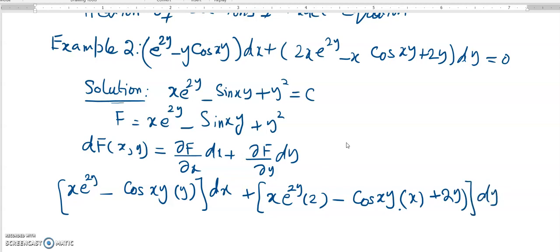So we have differentiated it, and it is equal to the partial derivative of the constant, which will be 0 in fact.